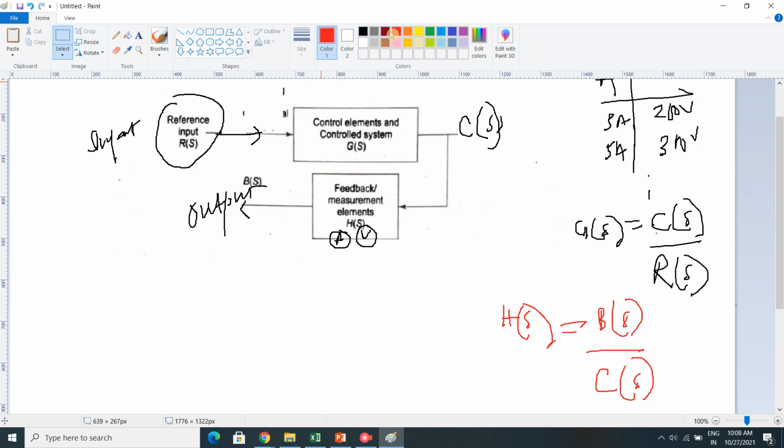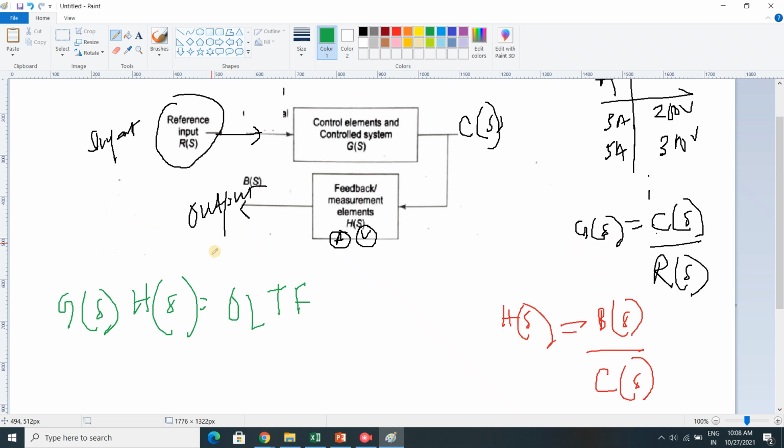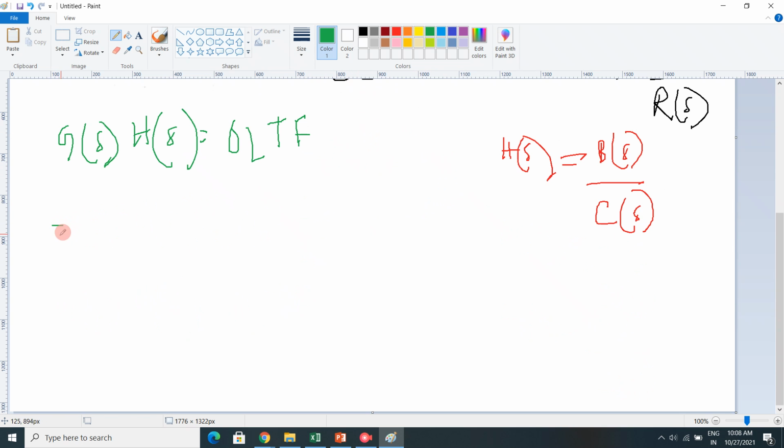That means the overall transfer function is G(s) into H(s). This is the open loop transfer function. As I have told you in the earlier slide, if one or more blocks are in series, the transfer function will be multiplied. So the overall open loop transfer function will be G(s) into H(s) because they are in series.